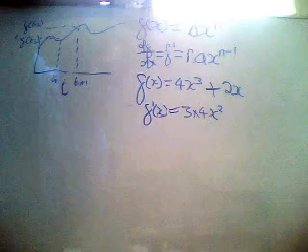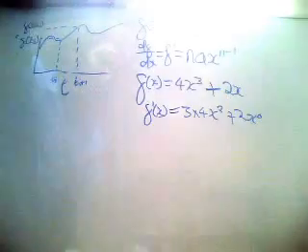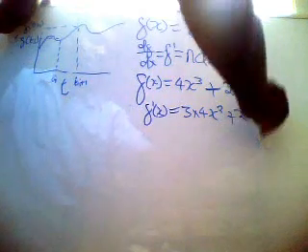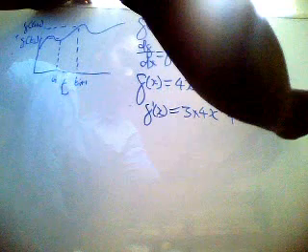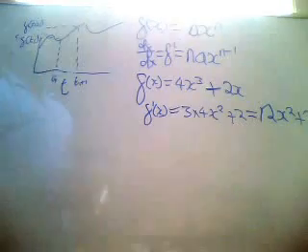And then for this, you've got 2 times x, so plus 2, x is to the power 1, so the 1 comes down, 2 times 1, x is to the 0. X to the 0 is mainly just 1, so that vanishes. And that's the derivative of that function, 12x squared plus 2.